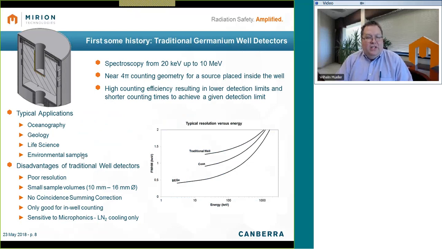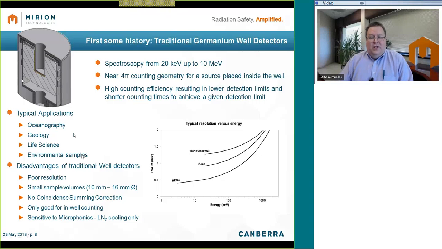However, historically, because of the design and the technology based on the traditional well detectors, they suffer by requiring a larger internal contact, which increases the capacitance of the detector. What that means in practical terms is the energy resolution decreases proportionally to the size of the hole that's used in the well detector.